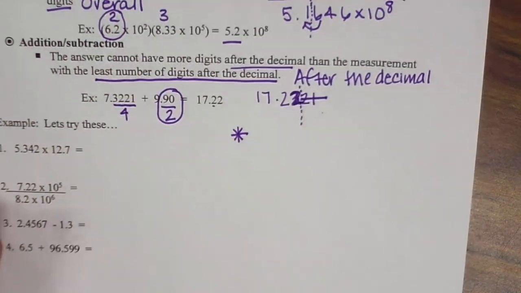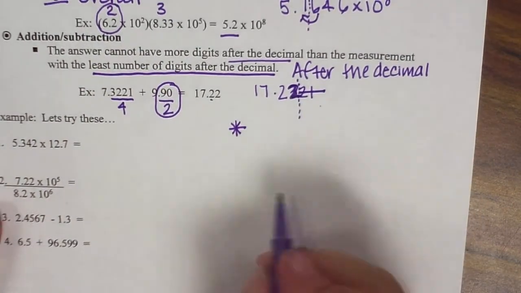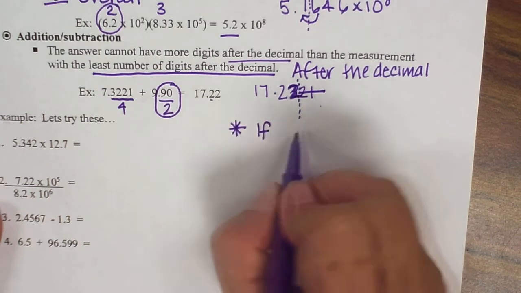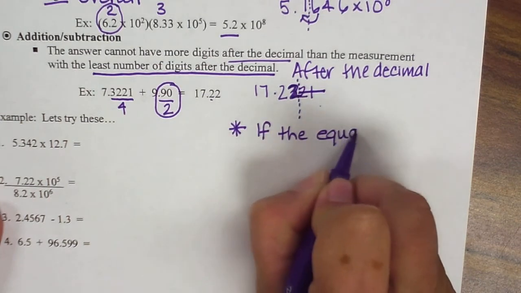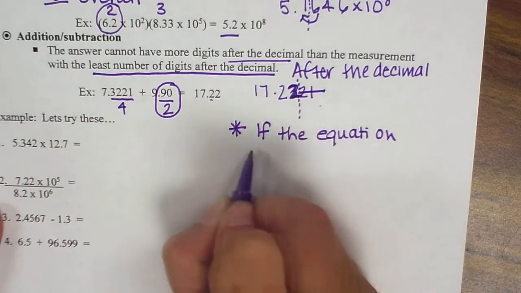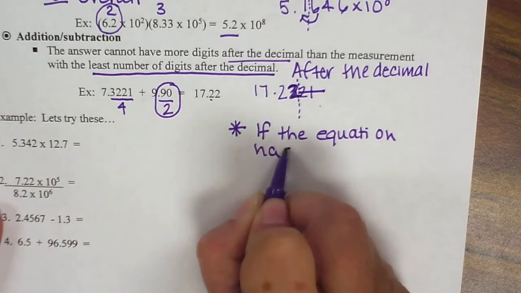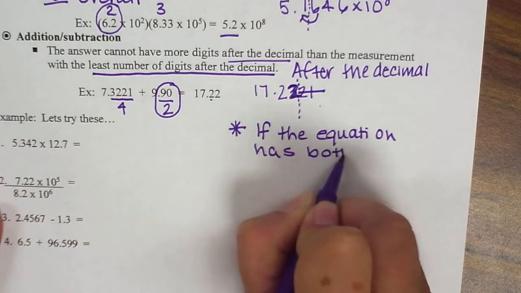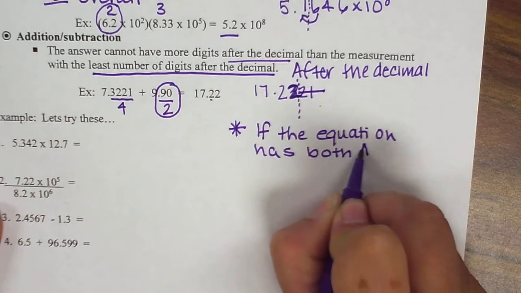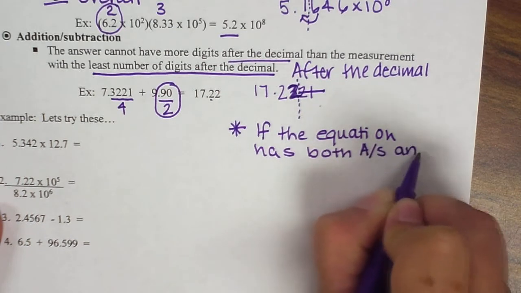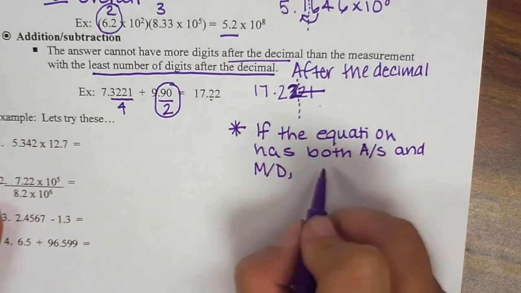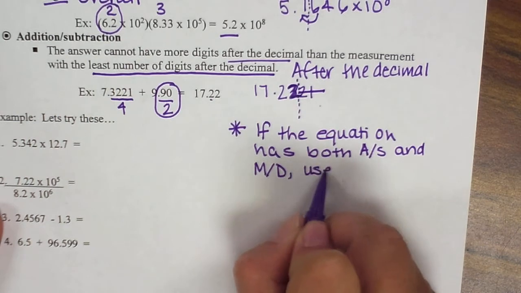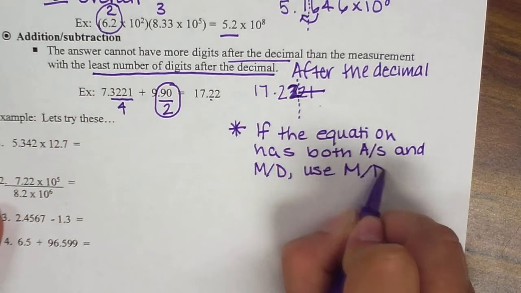Now we're writing, okay? If the equation has both addition and subtraction and multiplication and division, use the multiplication and division rules.